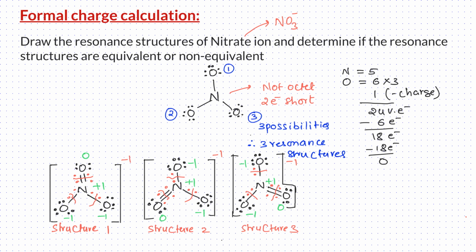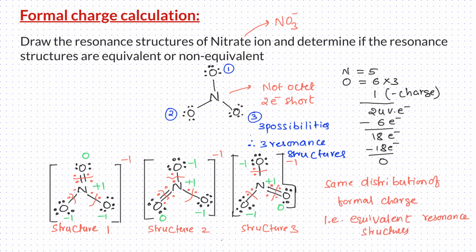One of the oxygens has 0 formal charge, and the remaining two oxygens have -1 formal charge. Therefore, we can say the distribution of formal charges is the same and that these are equivalent resonance structures. Let us do another example.